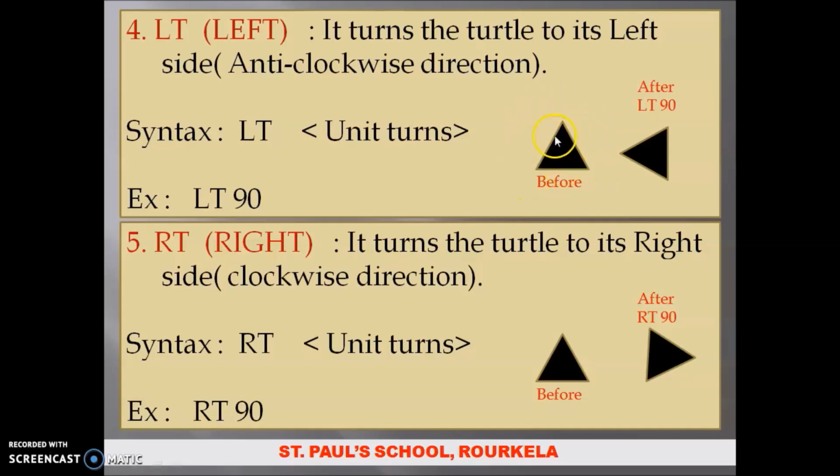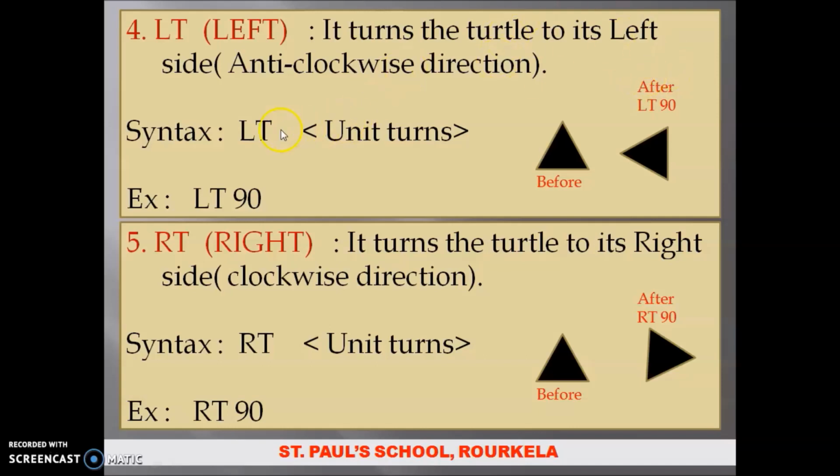When you use LT, it will turn like this and the turtle becomes like this. That means it is not moving from one place to another. It only turns its head either to the right side or to the left side. LT means it turns the turtle to its left direction.